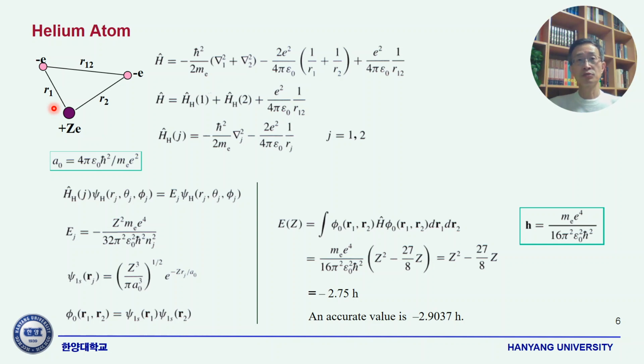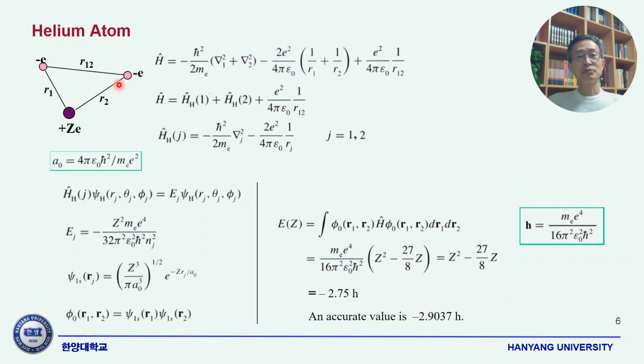Your beloved teachers in early school told you that the nucleus is much heavier than electrons, so it is fixed while electrons move. If you understand it that way, that's fine, but we can separate their degrees of freedom and treat only the electronic motion, with reduced mass, because the center of mass is fixed.